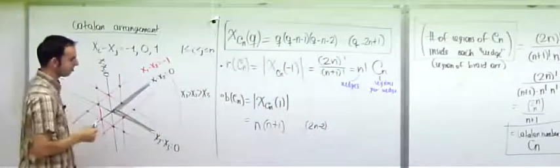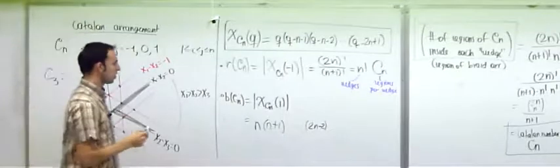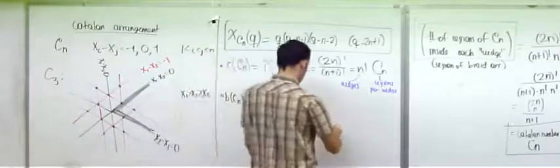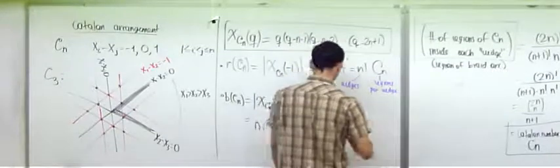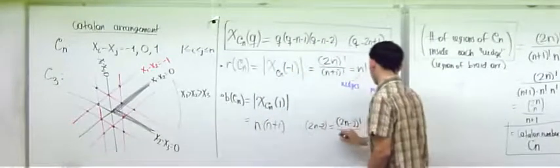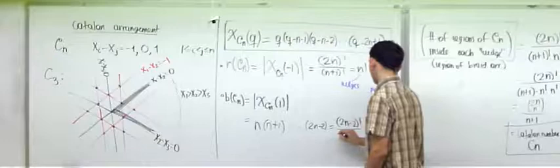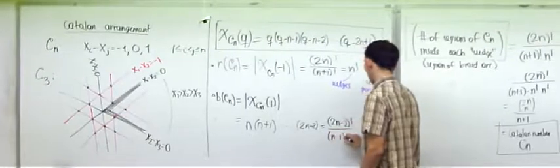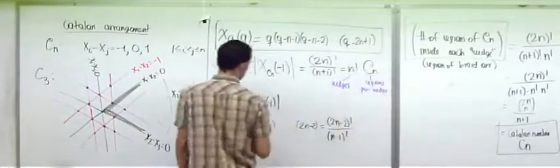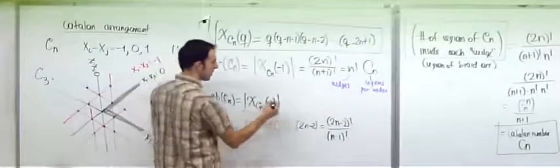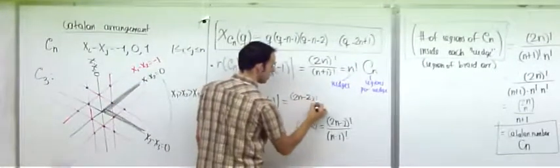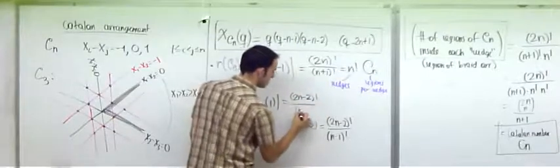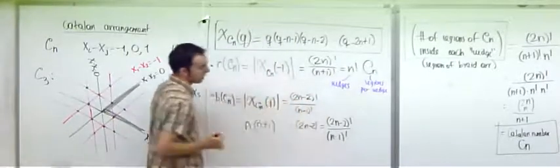Okay? And this is (2n minus 2) factorial divided by (n minus 1) factorial. Okay? So again, that's a simple formula. Let's write it out. (2n minus 2) factorial over (n minus 1) factorial.